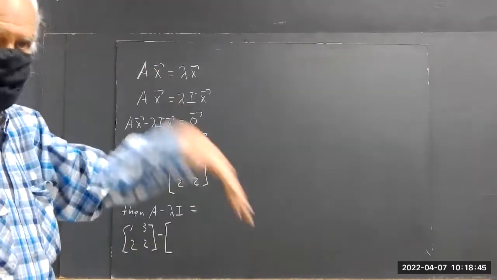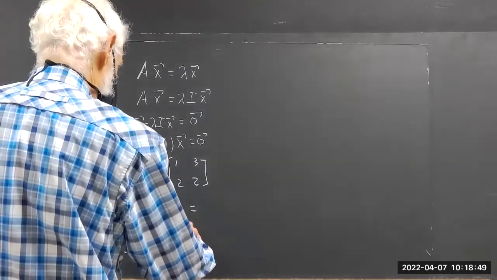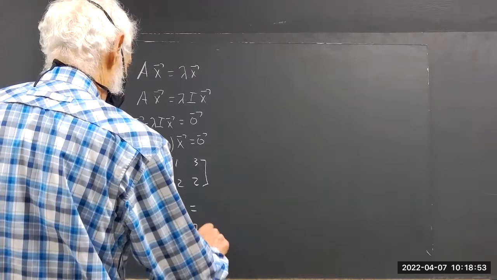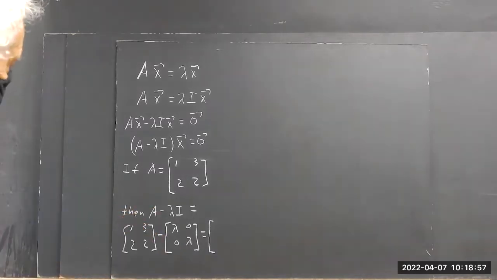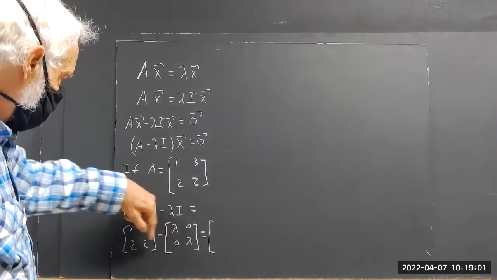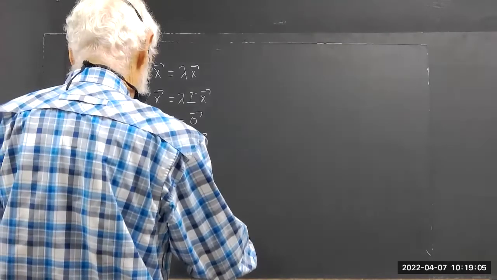Well, I is your 1, 0, 0, 1 multiplied by lambda, you get lambda, 0, 0, lambda. And then when you do the arithmetic, you do 1 minus lambda, 3 minus 0, 2 minus 0, 2 minus lambda. And that should be very straightforward.